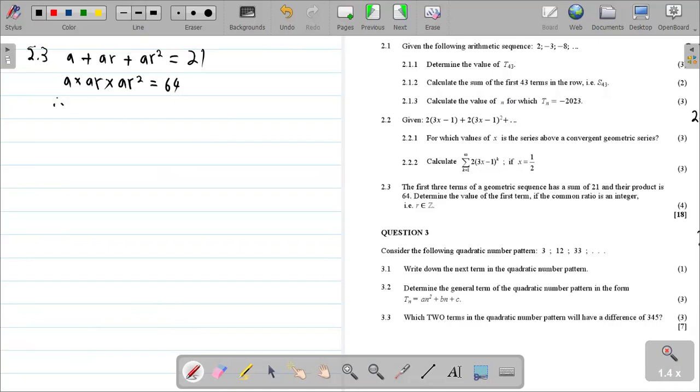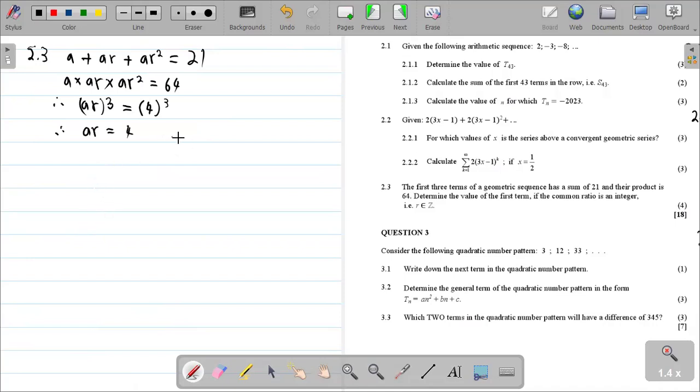So this means that ar cubed here equals, can this be a cube? Yes, it can be a 4 cubed. So it means therefore ar is equal to 4, isn't it?